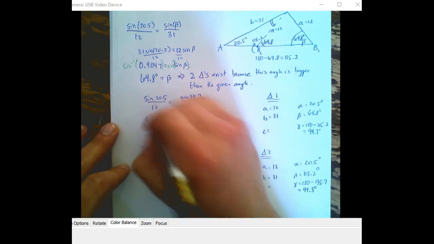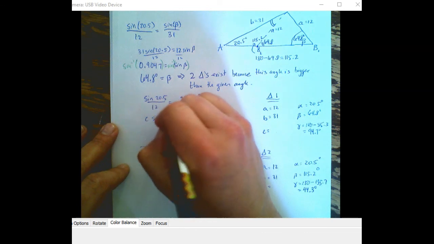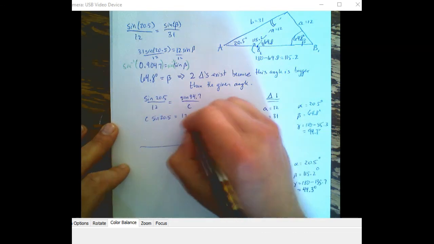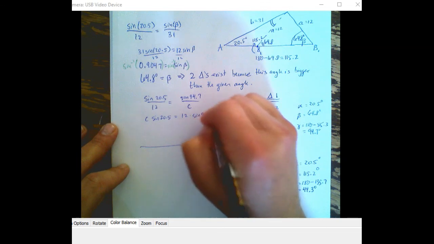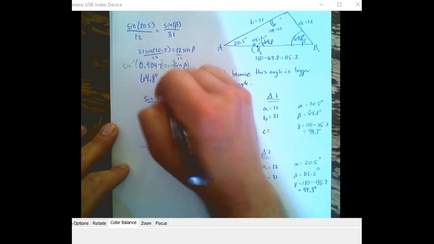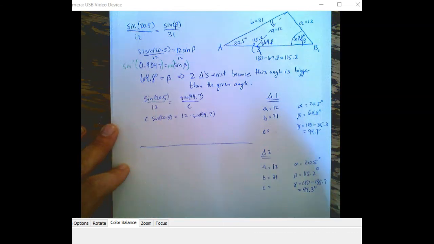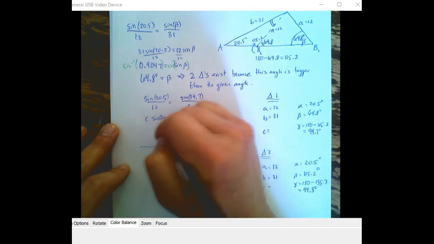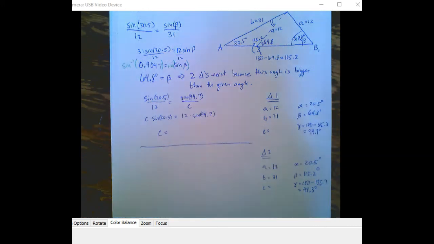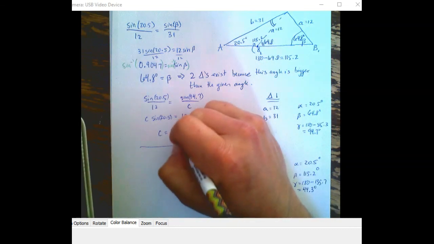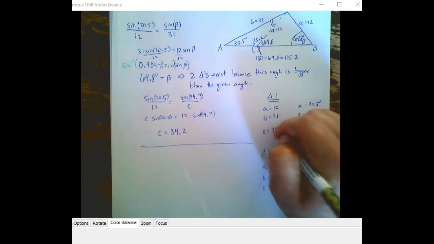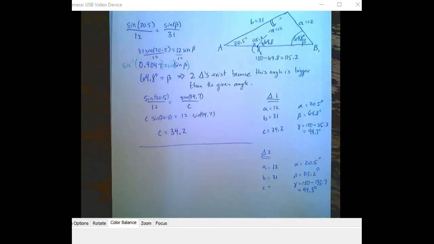Cross multiply. And then divide. So c will be equal to 12 times the sine of 94.7 divided by the sine of 20.5. So c is 34.2 approximately. Okay. So there's our first one.